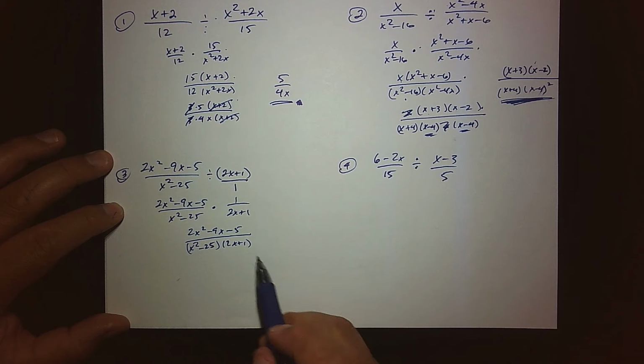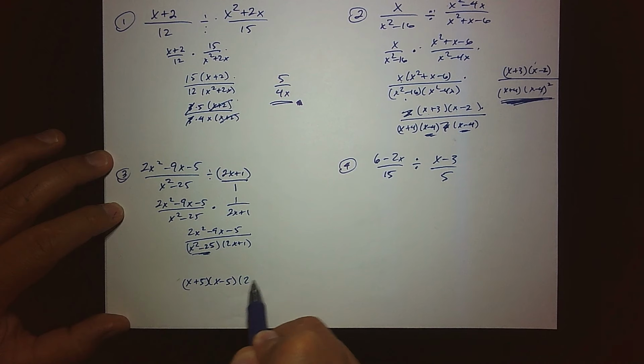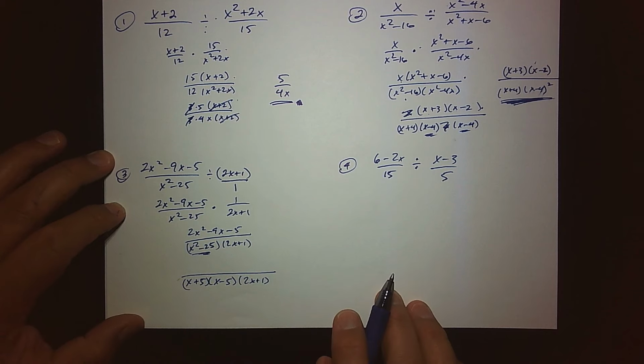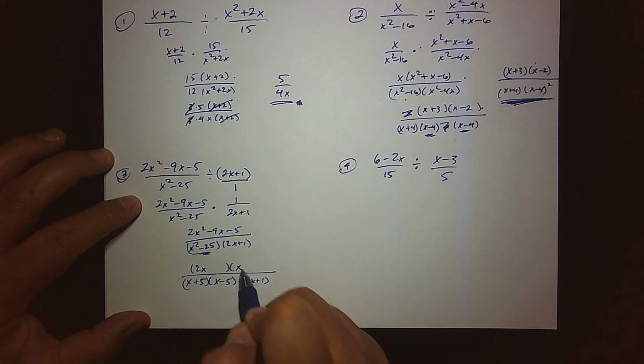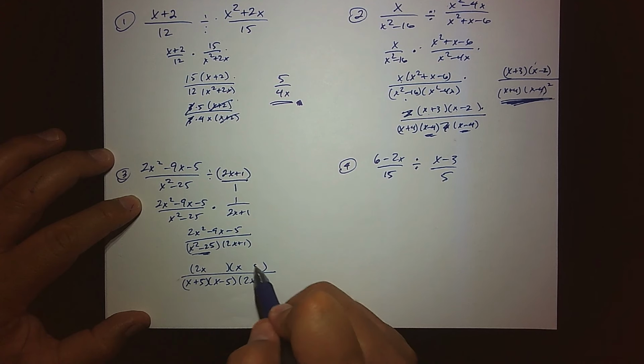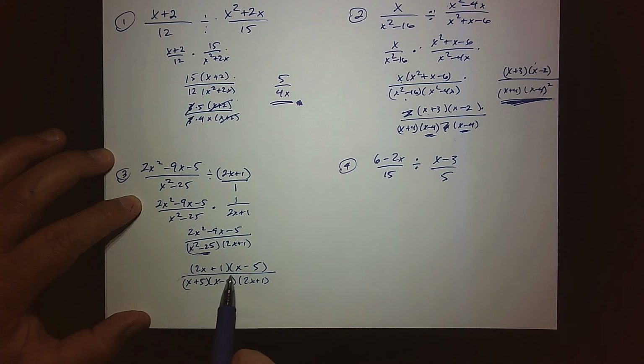Now we just have to factor to simplify. So on the bottom, that's a nice difference of squares situation. And on the top, we have to either AC it, or we can guess and check. And again, you guys know I'm a guesser and a checker. And I believe the right combination we need here will be that. Right? So first times first is first. Last times last is last.